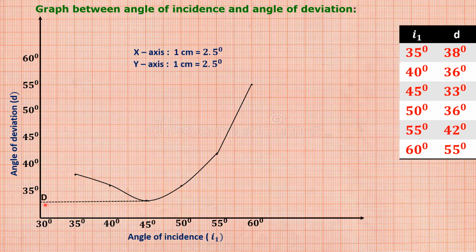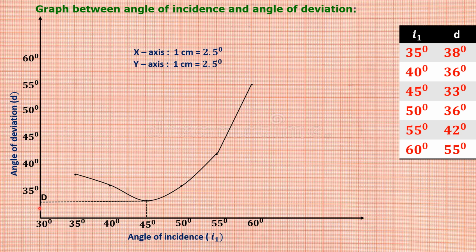So this is the D value. It is 33 degrees. Now, at what angle of incidence is it 33? We have to draw a line parallel to the y-axis here. So, when the angle of incidence is 45 degrees, we got the angle of minimum deviation 33 degrees.